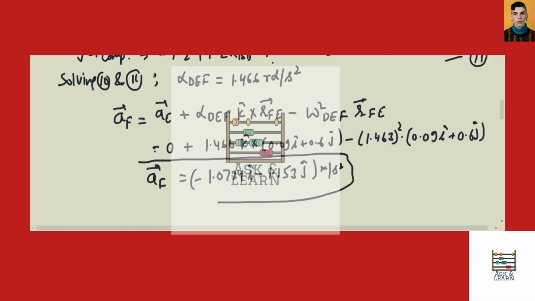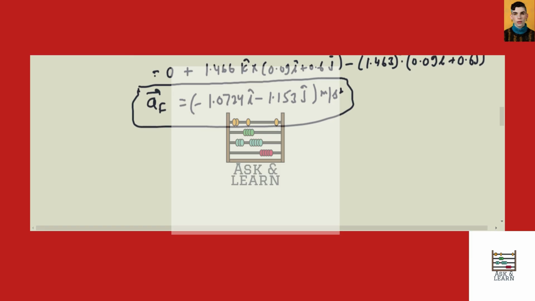Now I am accumulating the answers here. Angular acceleration of DEF is 1.466 radian per second square in counterclockwise direction.